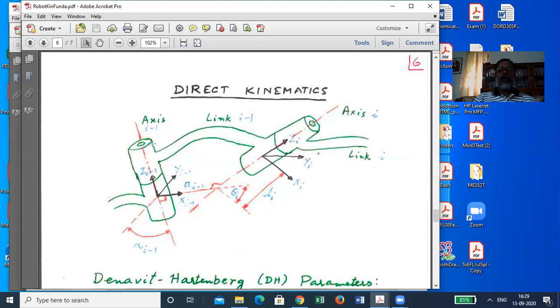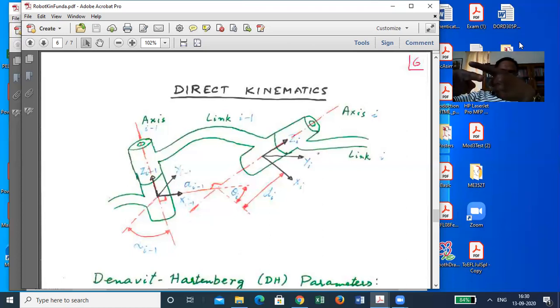Now think of one thing. When you have this axis i minus 1 and the next axis i, what can be the most general relative disposition between the two axes? Look at my fingers. Like this.